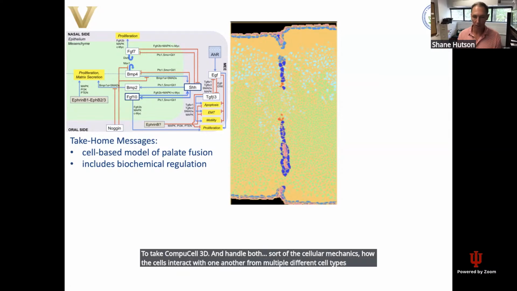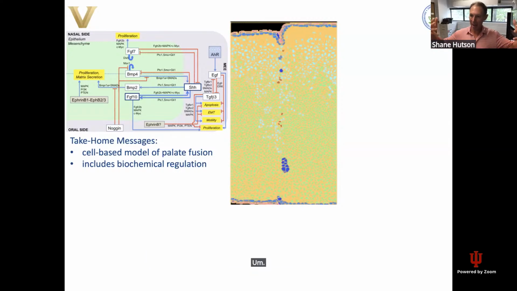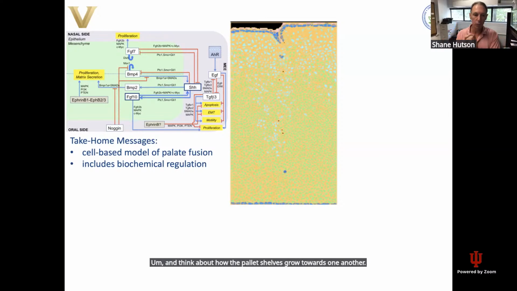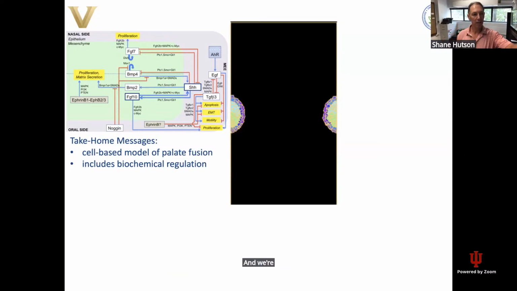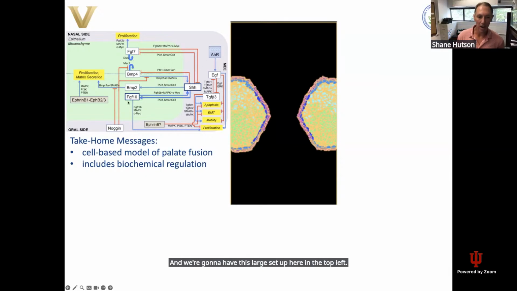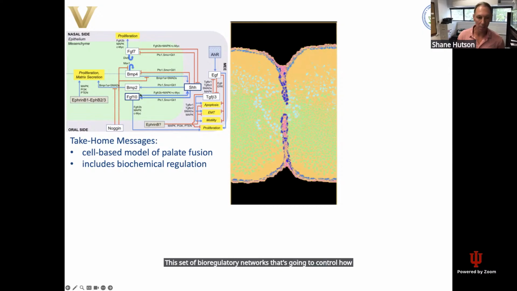And we'll get into all the different kinds of cell types that we have there. And think about how the palate shelves grow towards one another, meet, and then fuse with one another. And we're going to have this large set up here in the top left, this set of bioregulatory networks that's going to control how the cells behave in the model.